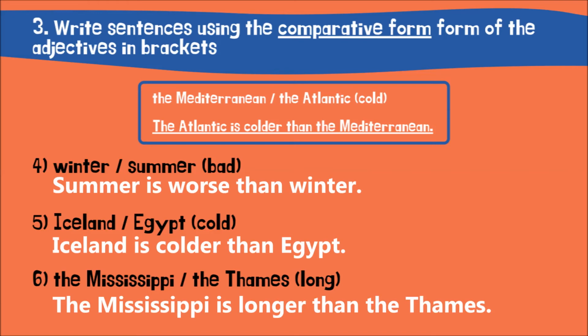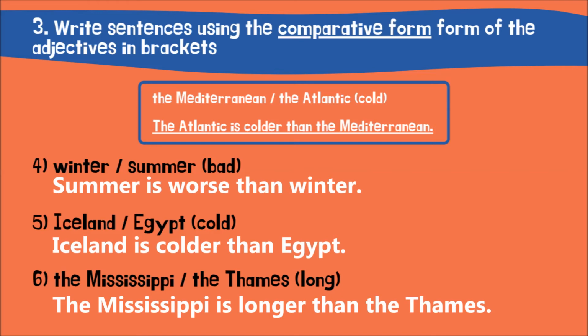So what is the comparative form for adjective long? Yes, the answer is longer. L-O-N-G-E-R. Lebih panjang. So, between the Mississippi and the Thames, which one is longer? The answer is the Mississippi.